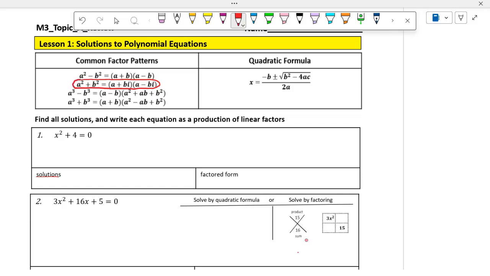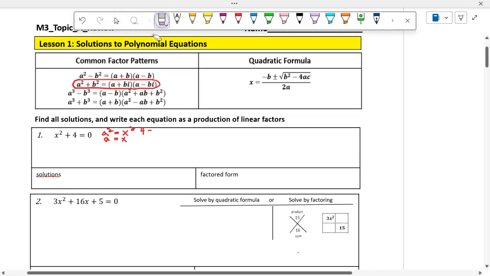All right, so in this case, a squared is equal to x squared. So what that means is that a is actually x, and 4 is b squared. So b is going to be 2.